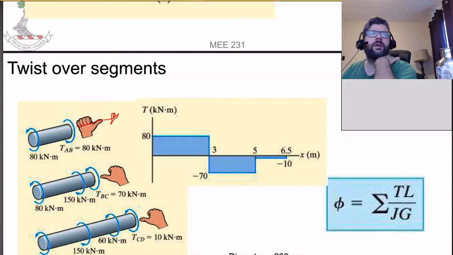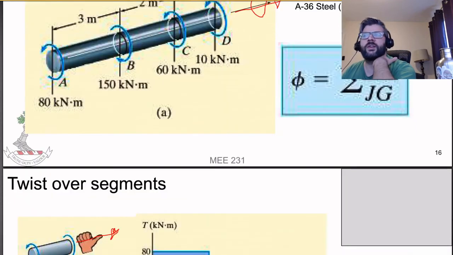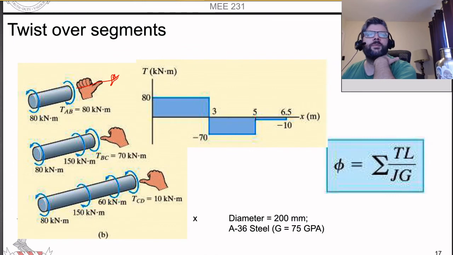This is the direction of the x-axis. So if our thumb's in the direction of the x-axis, and we're using our right hand, and our fingers curl around in the direction of the torque we're applying, then that means this is positive.